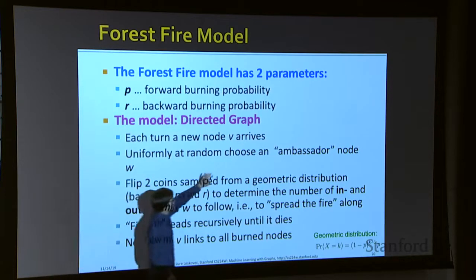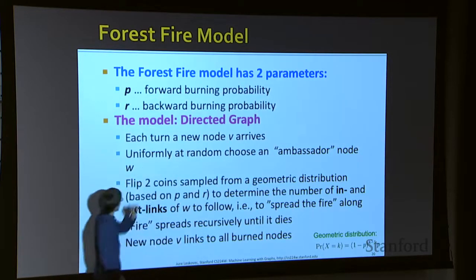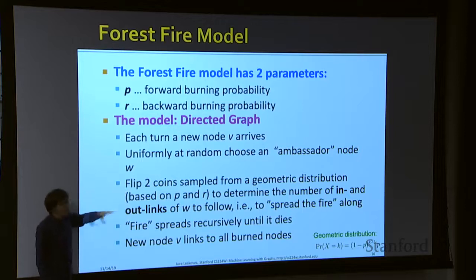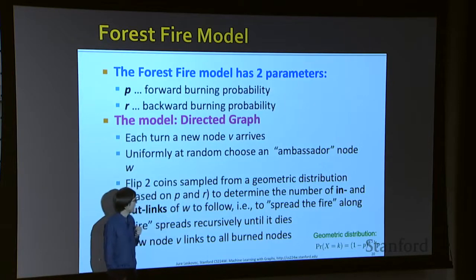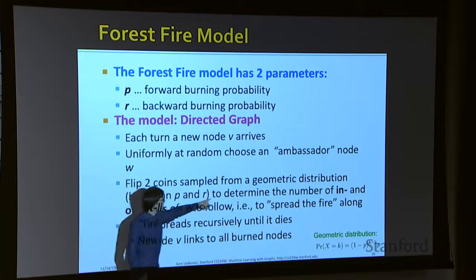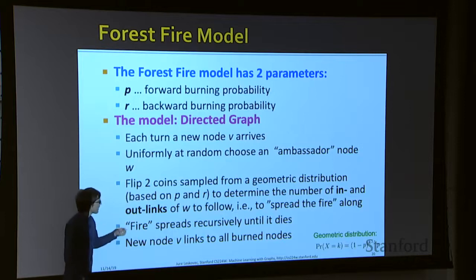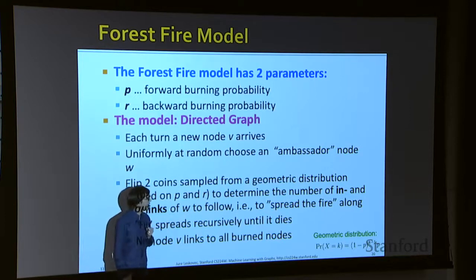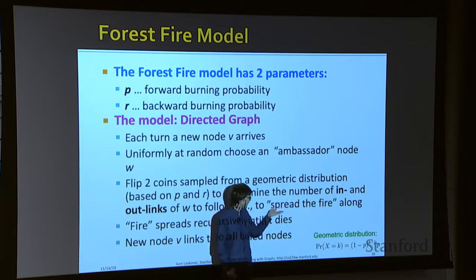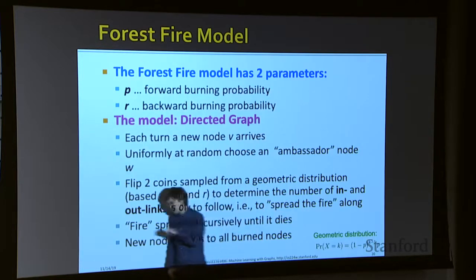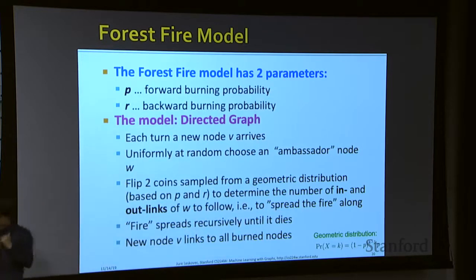Uniformly at random, we choose this ambassador node W, and then we flip two coins sampled from the geometric distribution with parameters P and R that determine what number of in and out links of W we want to follow. And then we select that number of in and out links of W and spread the fire along those links.